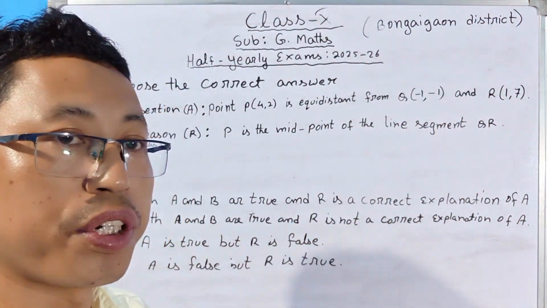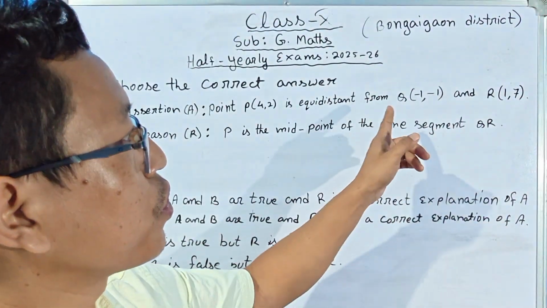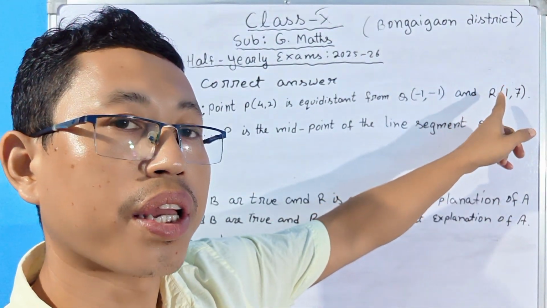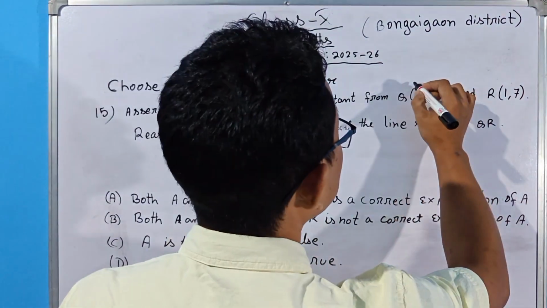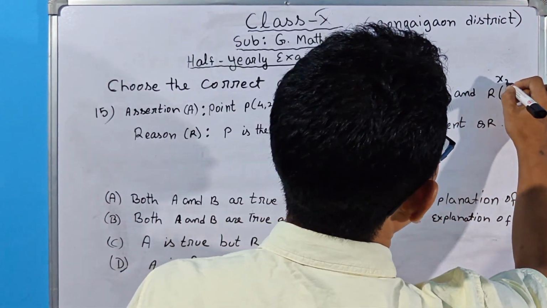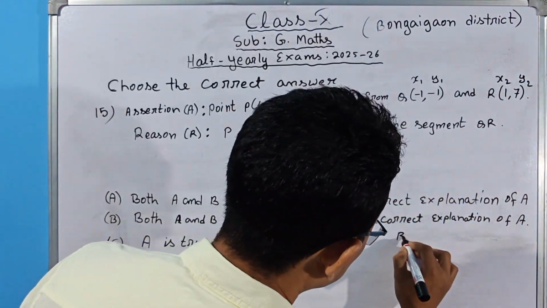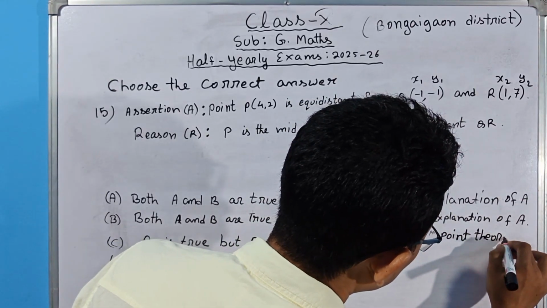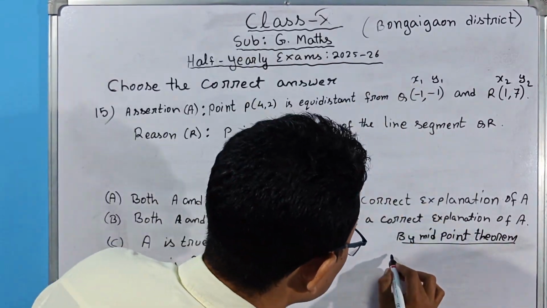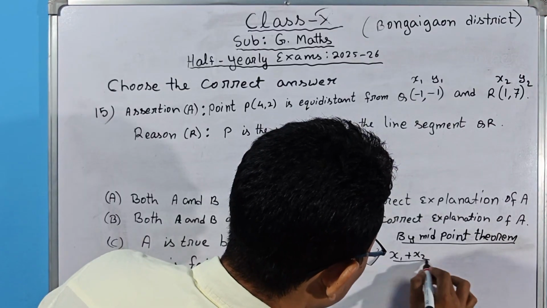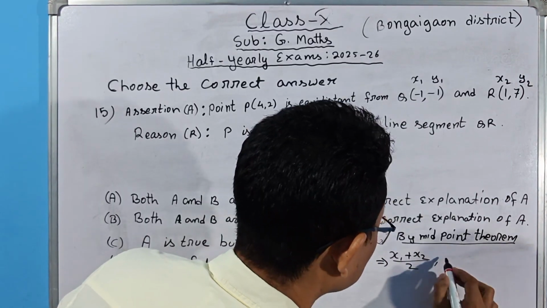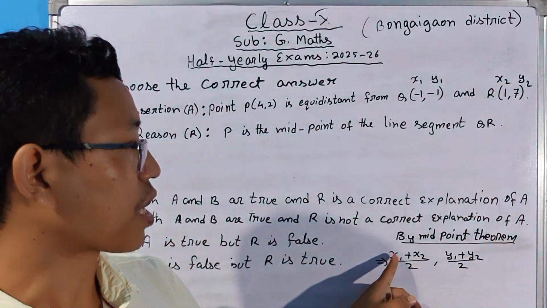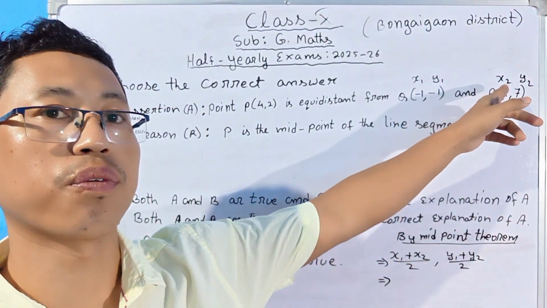As per the midpoint theorem, we will name Q as x1, y1 and R as x2, y2. Here are the values of x1 and y1, and x2 and y2 also.